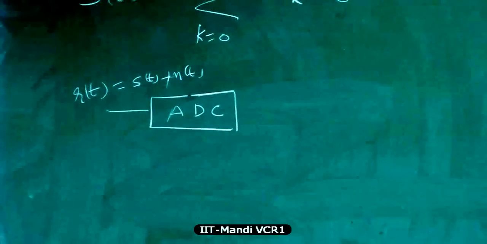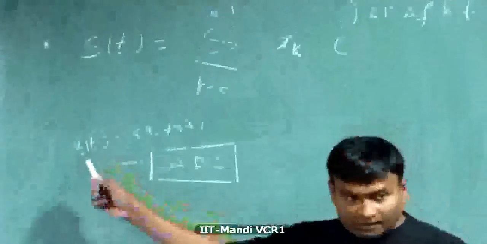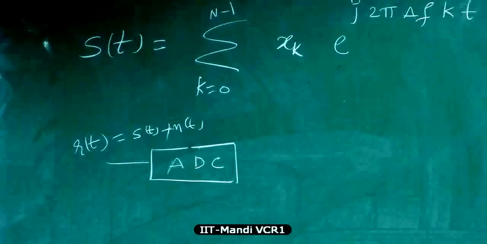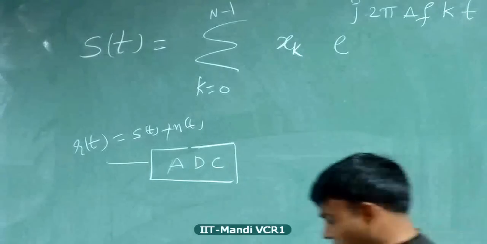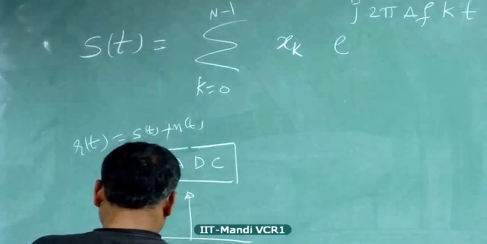Well, ADC, what is an ADC? Since the signal is in low pass baseband form, the ADC has to limit the noise to a certain band of interest. Okay, so the ADC can be viewed by itself as a low pass filter.